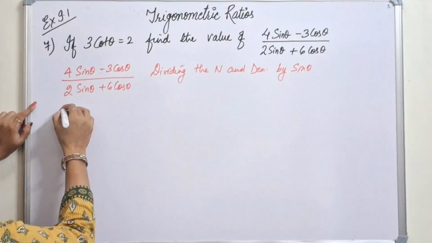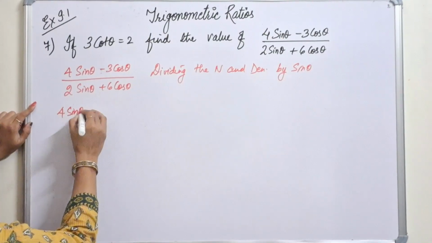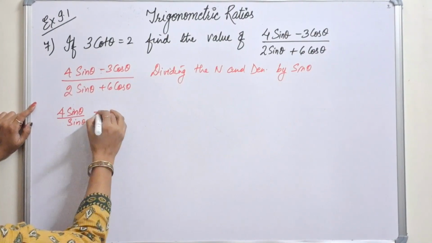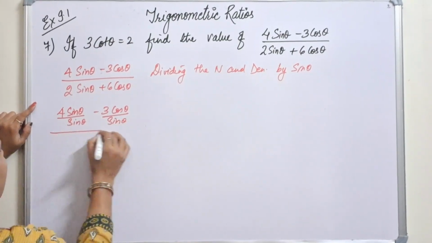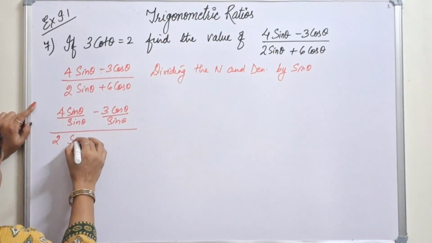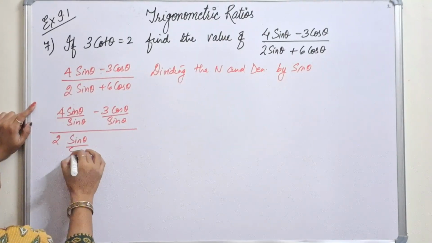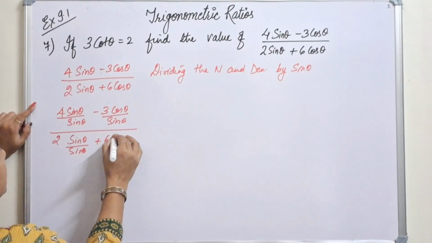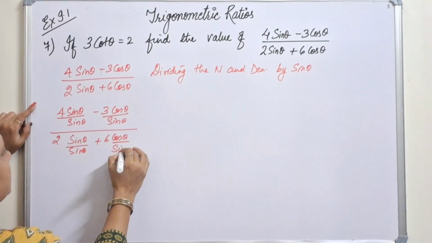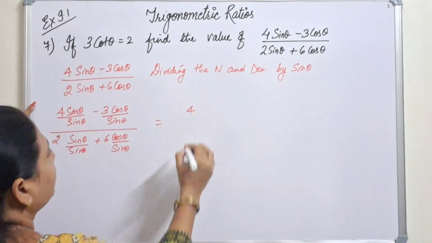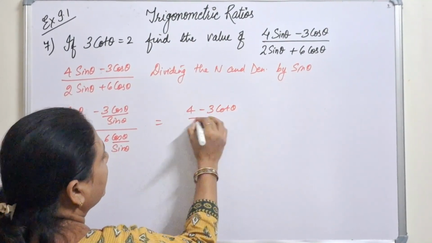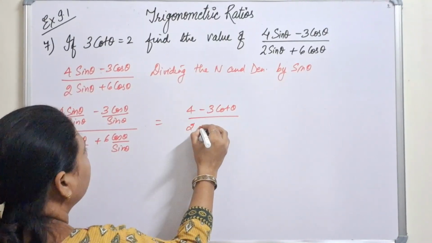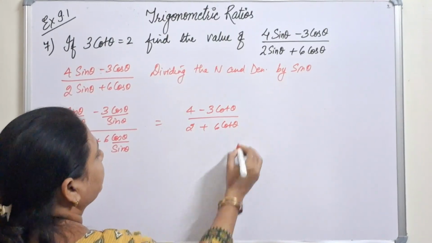So 4 sin theta upon sin theta minus 3 cos theta upon sin theta, whole upon 2 sin theta upon sin theta plus 6 cos theta upon sin theta. So it will be 4 minus 3 cot theta upon 2 plus 6 cot theta.